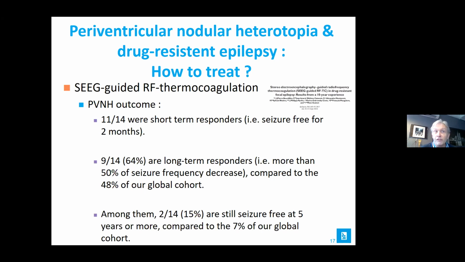And among them, 15% do remain very, very long-term seizure-free, which means 5 and more than 10 years in one of our cases, which is again better than the 7% of very long-term seizure-free patients after thermocoagulation. But this remains results belonging to palliative treatment. It cannot be considered as a curative treatment, at least to my mind.